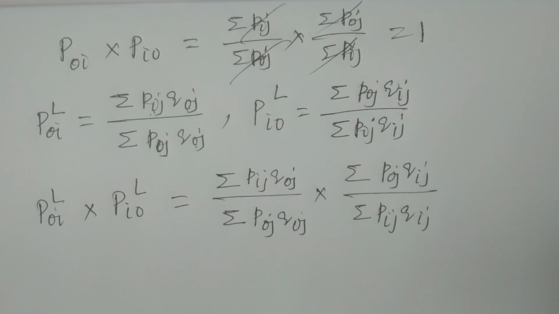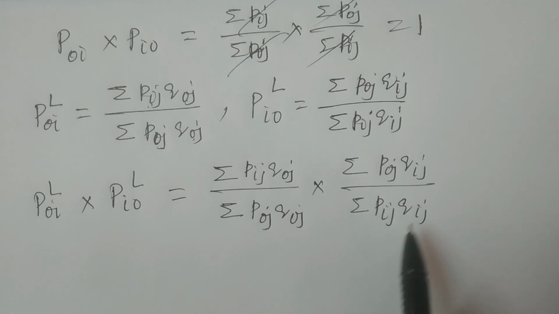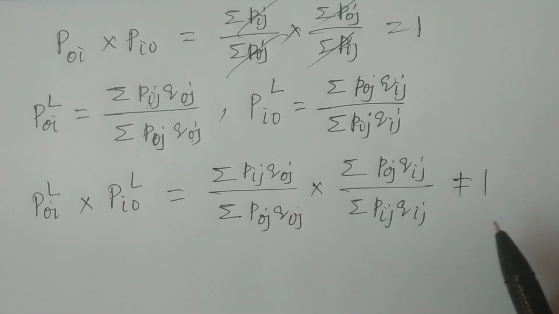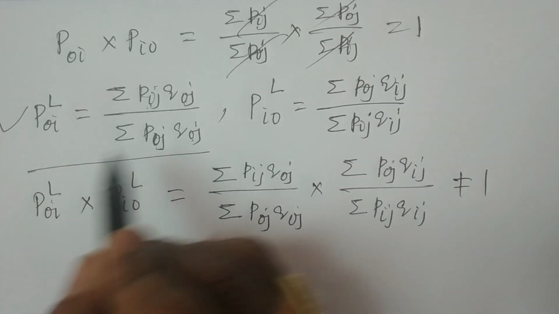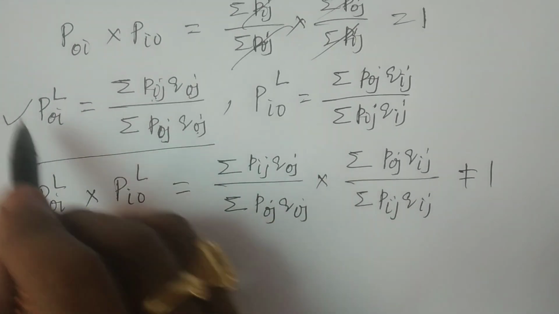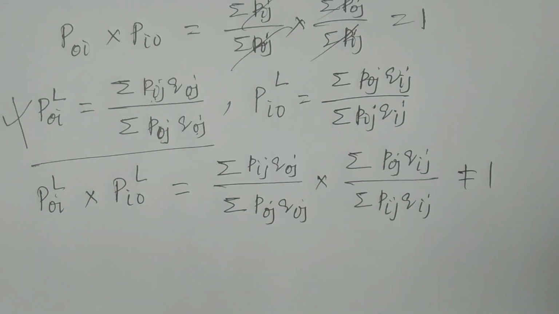Therefore, if you see, no term is cancelling, so it is not equivalent to 1. Therefore, last year's index number does not satisfy the time reversal test. This is the way you have to prove the time reversal test, whether any index formula satisfies the time reversal test.